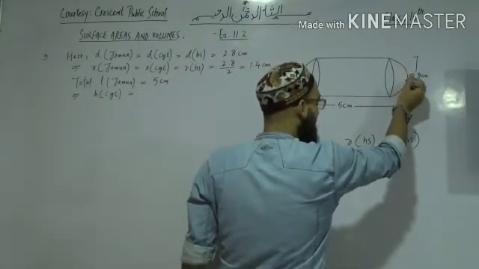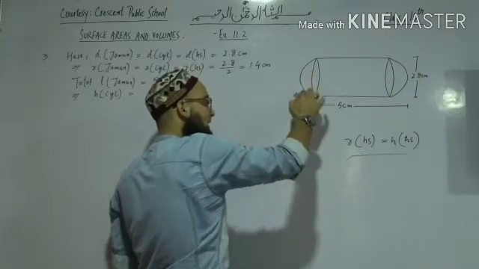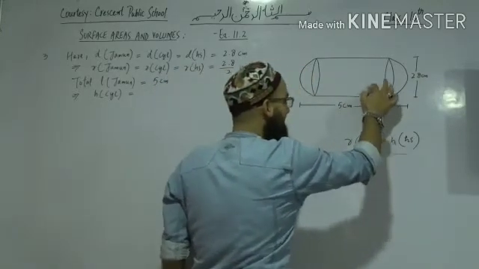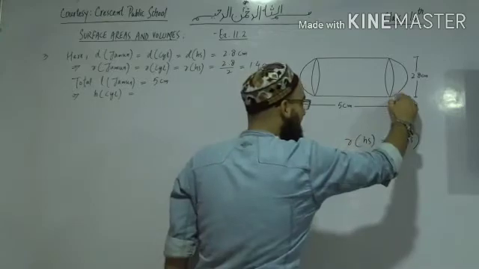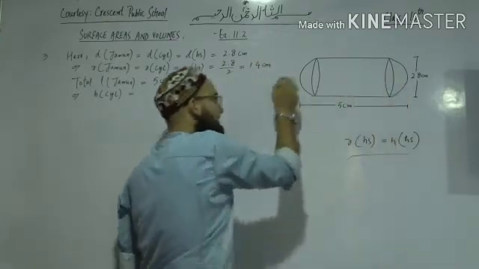That means this is 1.4. This is 1.4 as well. So the height of the cylinder is equal to the total length minus this minus this.